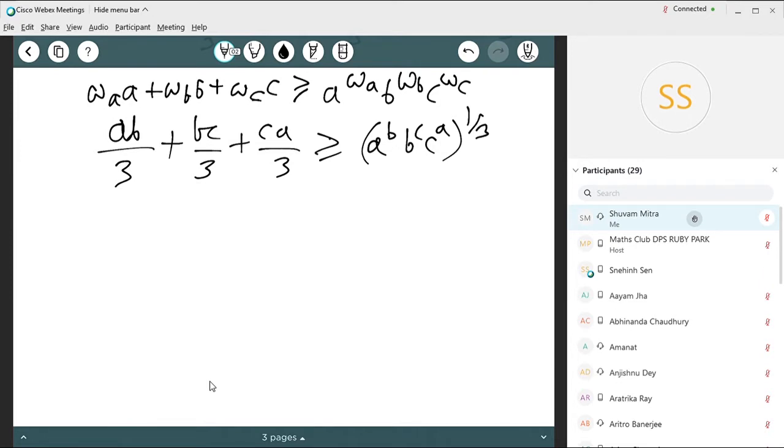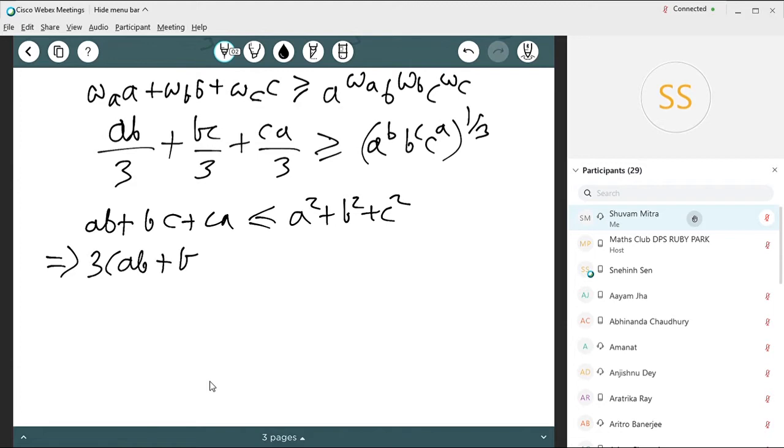But note again, I think we have discussed this inequality before: AB plus BC plus CA is less than or equal to A square plus B square plus C square. Right? So this would imply 3 times (AB plus BC plus CA) is less than or equal to (A plus B plus C) whole square. But what's this?